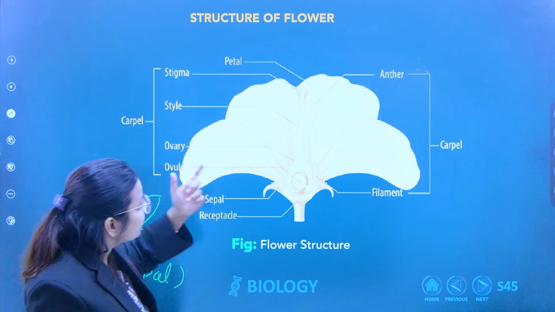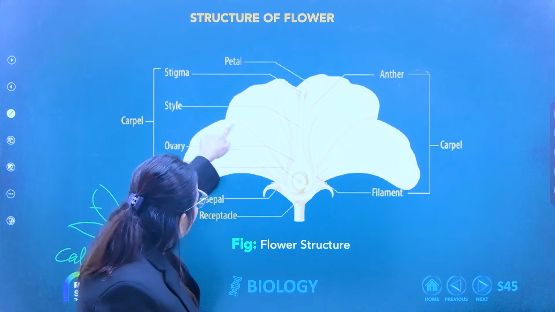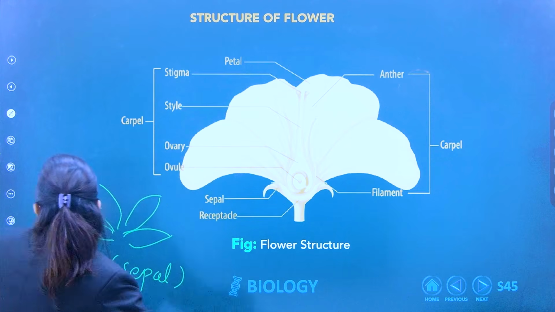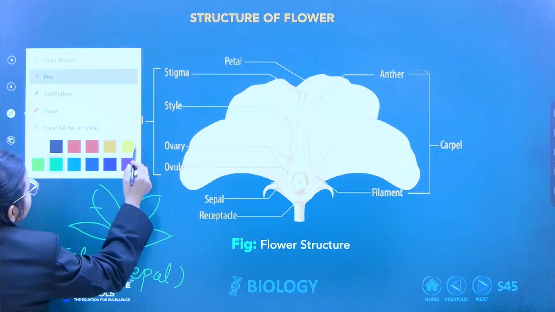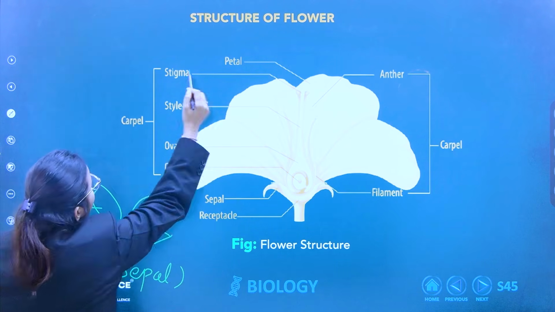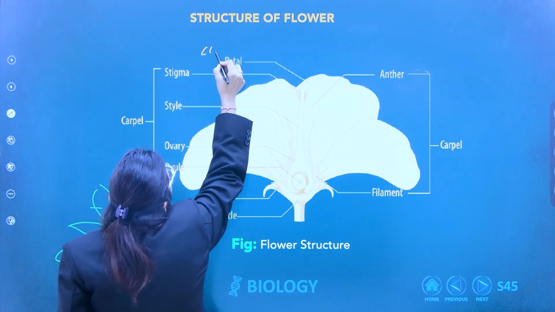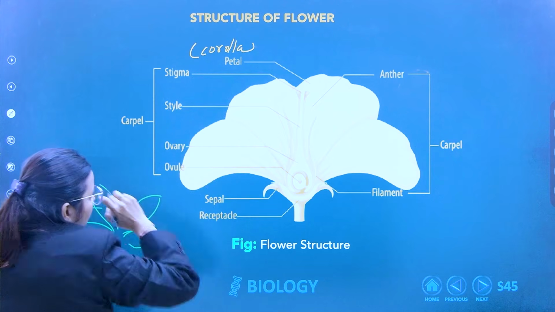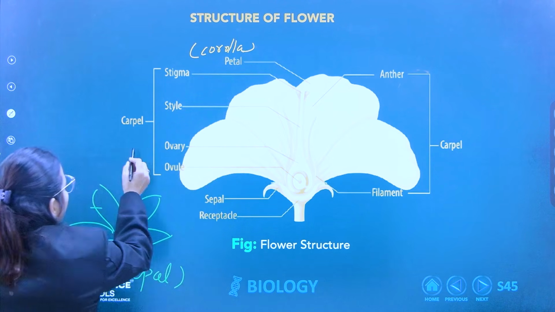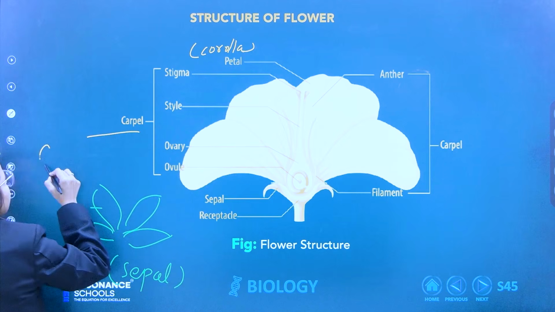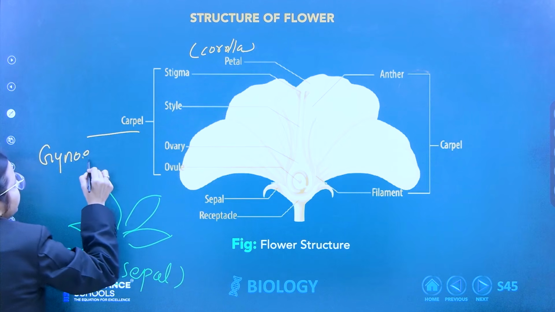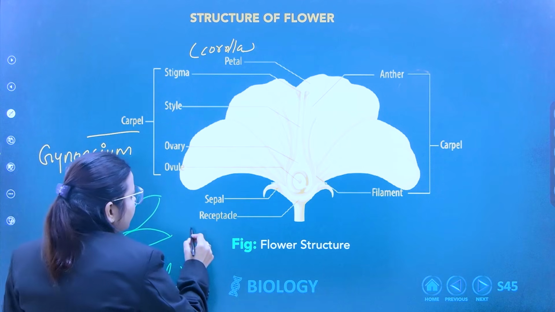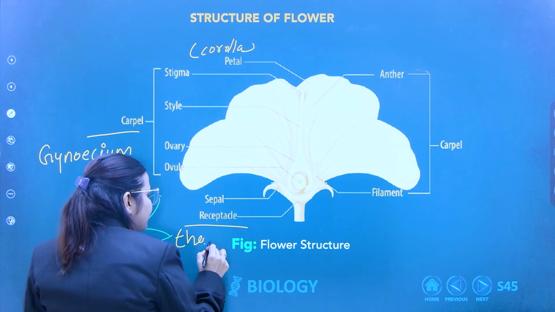So this is your flower structure. These yellow parts are the leaves, and this is called petal. What is the group of petals? Corolla. The group of carpels is gynoecium. The receptacle is also known as thalamus.